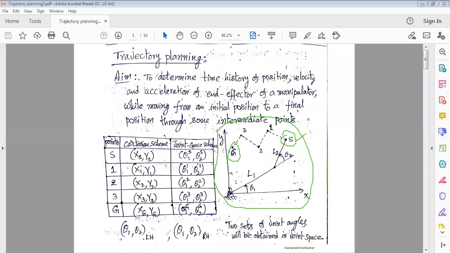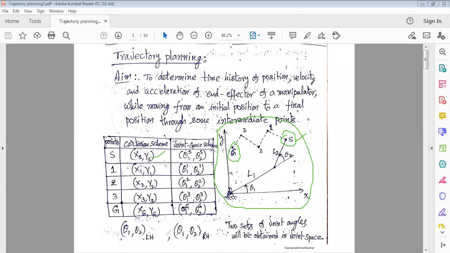For example, for these 5 points, S, 1, 2, 3, G, you can see the Cartesian trajectory and joint space trajectory for all these points in this tabular form. For the starting point, the x, y are the coordinates of the point. At this starting position, in joint space trajectory, it is theta 1 superscript s, theta 2 superscript s.